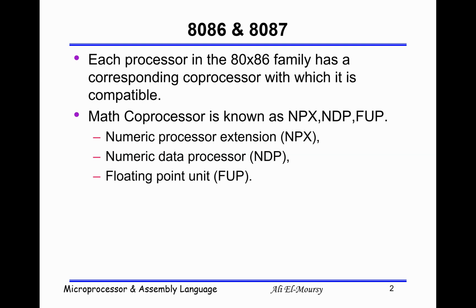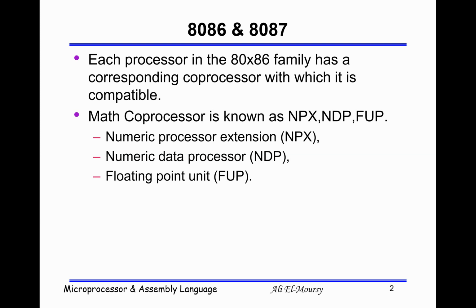This is lecture number 27 for the microprocessor class, and this is actually part 1 of the lecture. Here we want to discuss in some detail the hardware of the microprocessor that is in charge of doing the floating point operations.